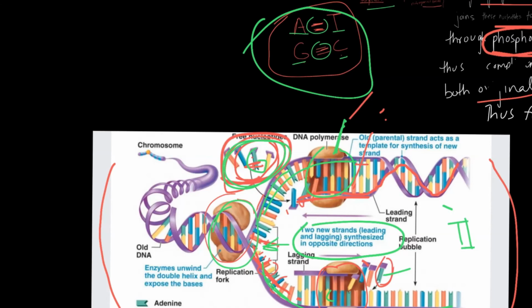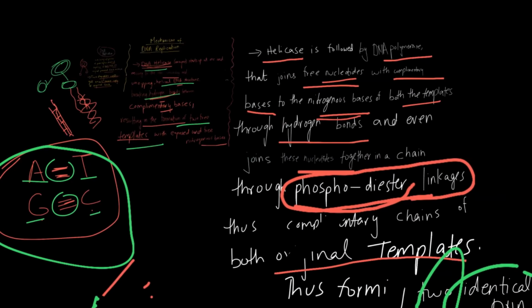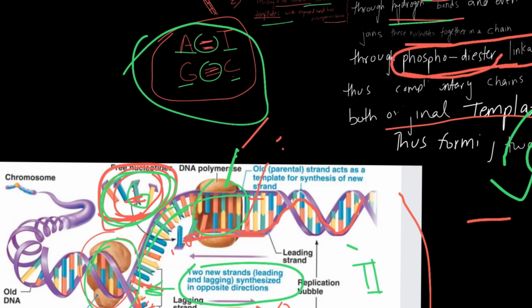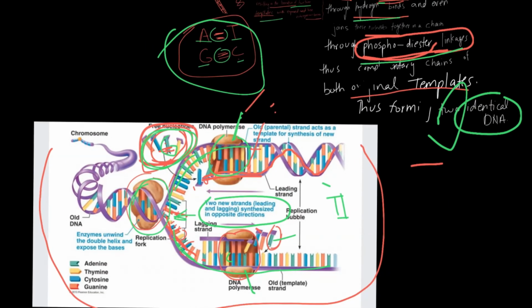So it joins them with the free templates through hydrogen bonds, forming another chain, and joins these through phosphodiester linkages, and complementary chains of both the templates are made. This forms two identical DNA, one right here and one right here.